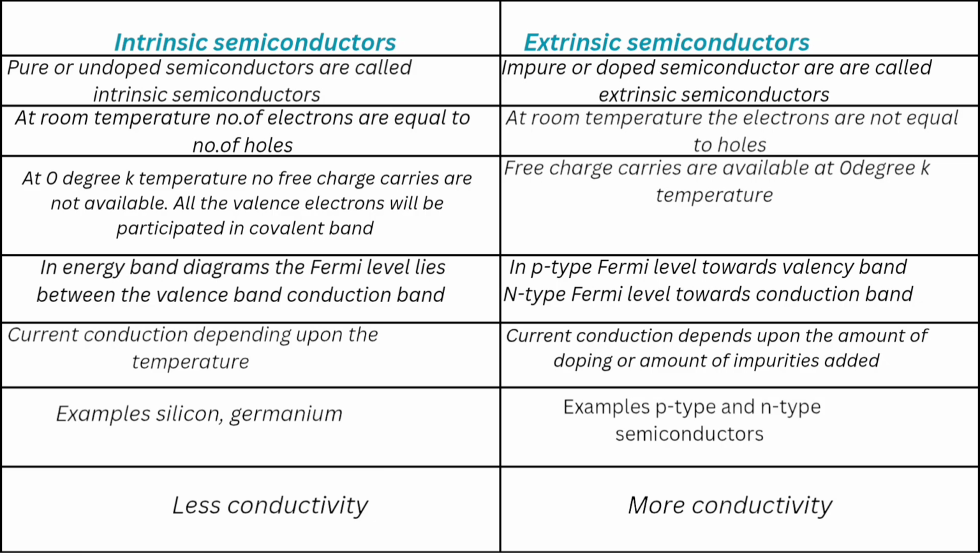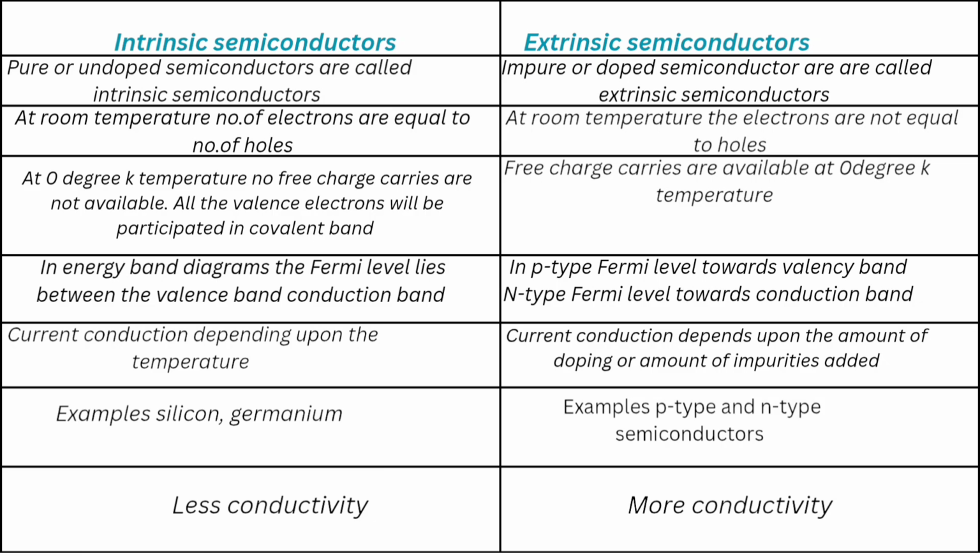In extrinsic semiconductors, the current conduction depends upon the amount of doping, the amount of impurities added. For example, when we add n-type impurities, the current conduction is due to the electrons. When we add p-type impurities, the current conduction is due to holes. Why? Because of the majority charge carriers. Based upon the majority charge carriers only, the current conduction will be done.